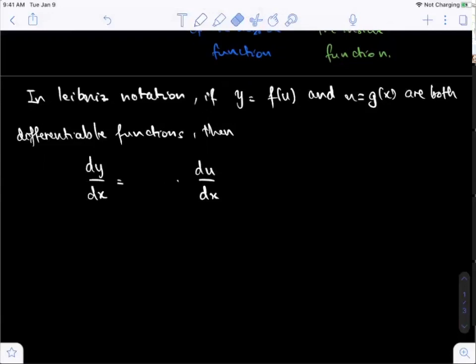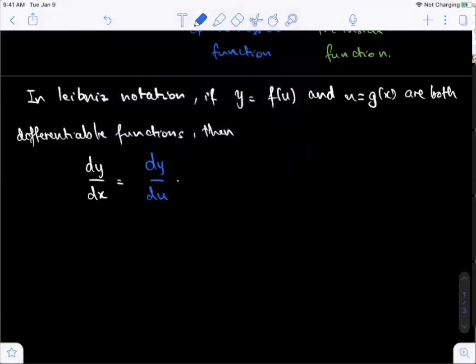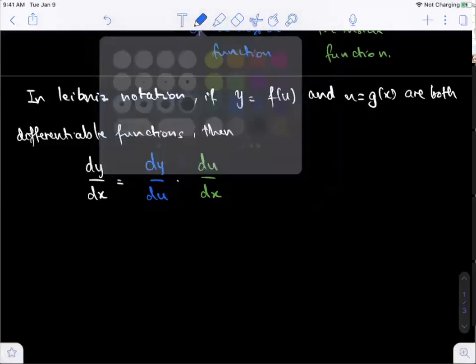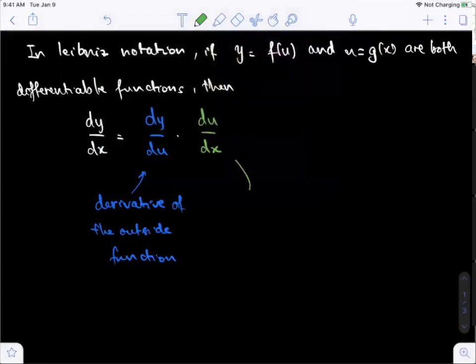Here dy du is the derivative of the outside function, and du dx is the derivative of the inside function.